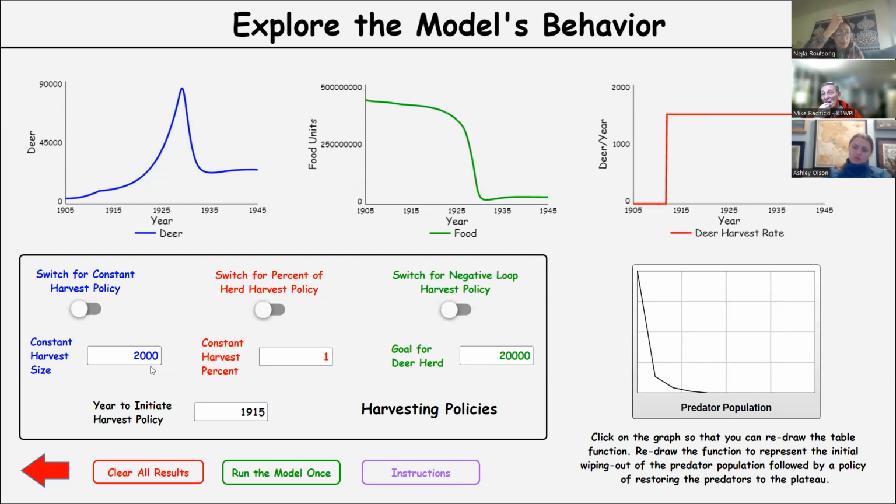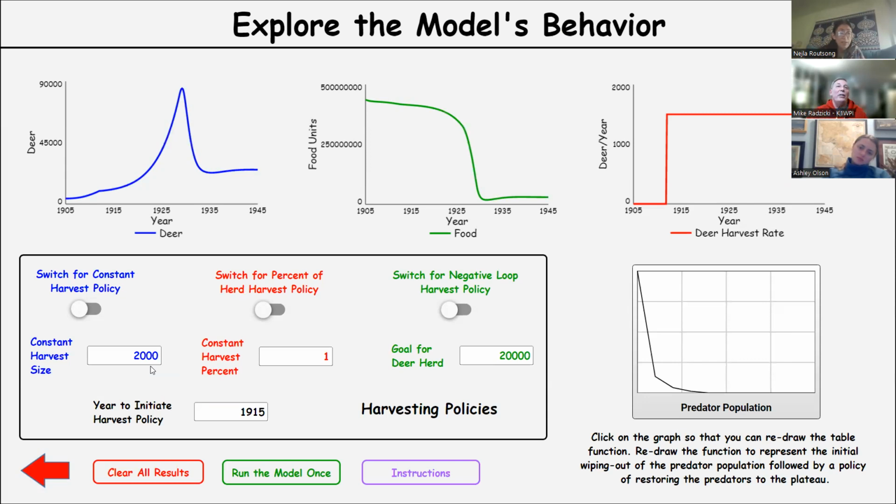See? Yeah, Nejla, go ahead. Oh yeah, I just had another software question. If I was wondering about those buttons, what they meant, would I find that information in that background information area of the model?